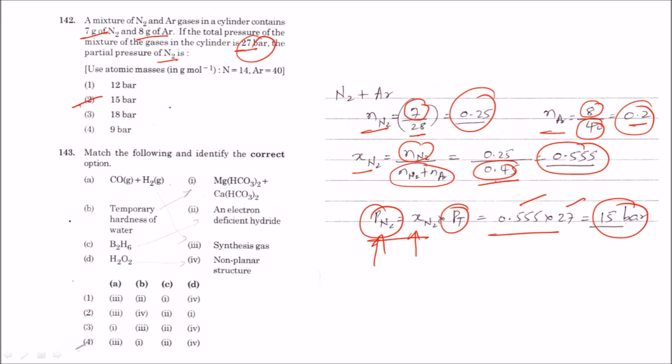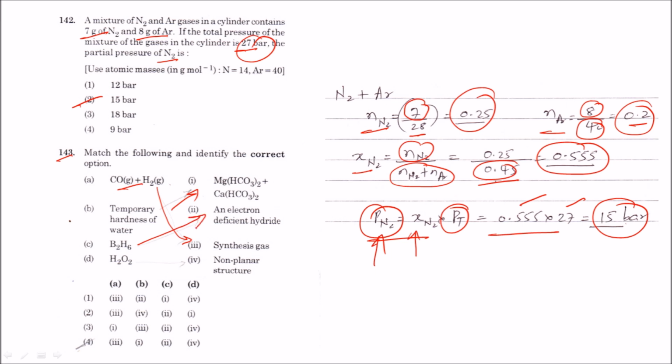Let's go to the next question now. 143. Match the following and identify the correct option. We know CO and H2 can be taken as synthesis gas, right? And match here A with 3, temporary hardness, magnesium bicarbonate and calcium bicarbonate.